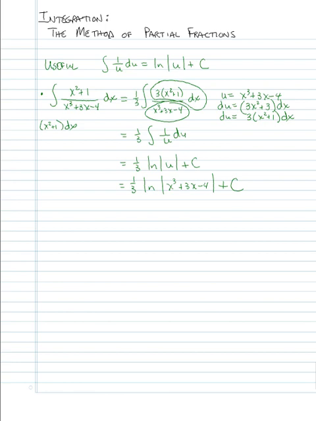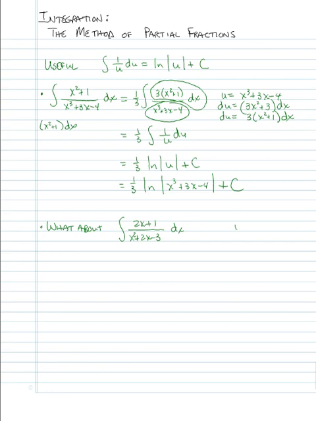Now, the point is if we can get this 1 over u du form, it's pretty easy for us to integrate. Now, we turn our attention to what about the case if we have the integral of, say, 2x plus 1 over x squared plus 2x minus 3 with respect to x?